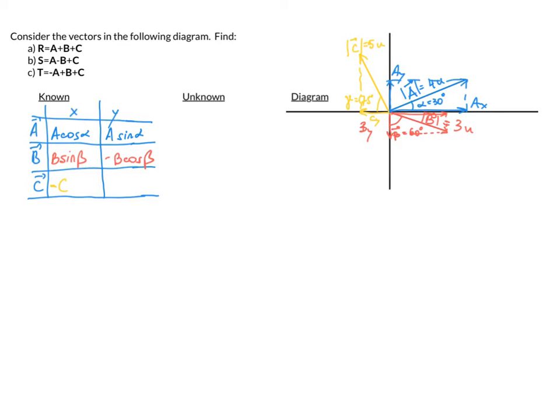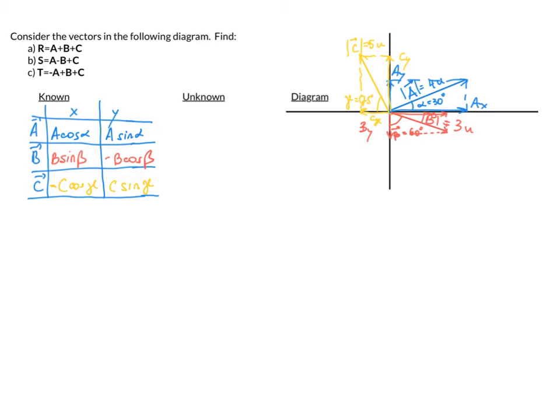So this is my cx, sorry. And then cy will be positive because it's going up in the positive y direction. So again, cx is negative and it's adjacent to angle gamma, so it's negative c cosine gamma. Then the y component for c is positive c sine gamma.